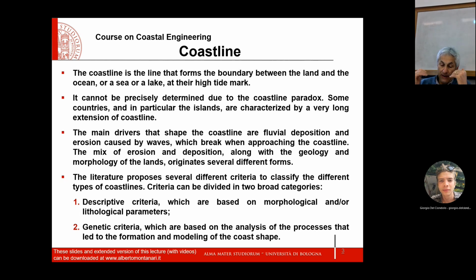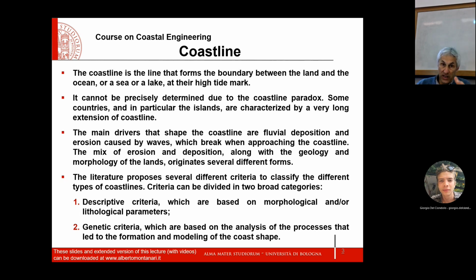There is a flux of sediments coming from the land, going into the ocean, and there is a forcing operated by the waves, by the ocean, in order to displace this flux of sediment within the ocean in a way that limits the disequilibrium.